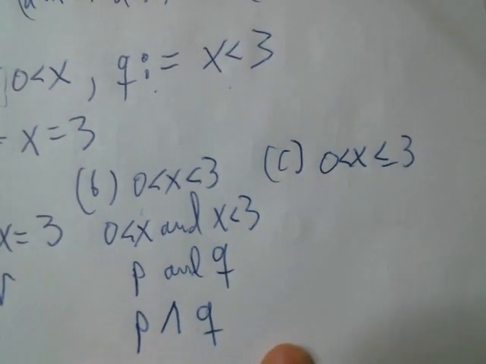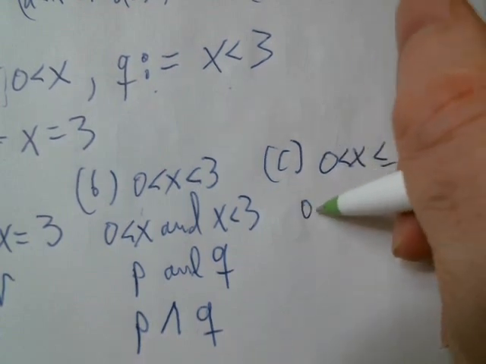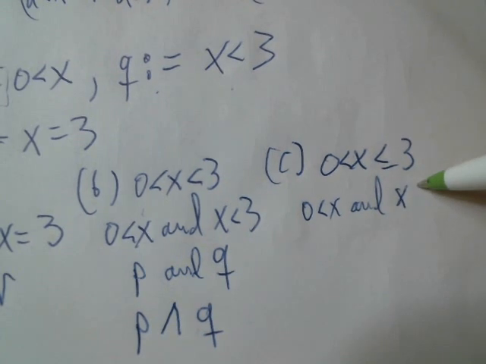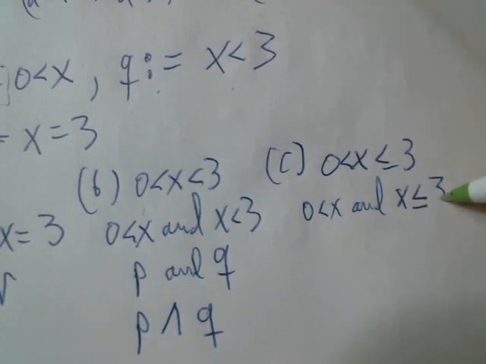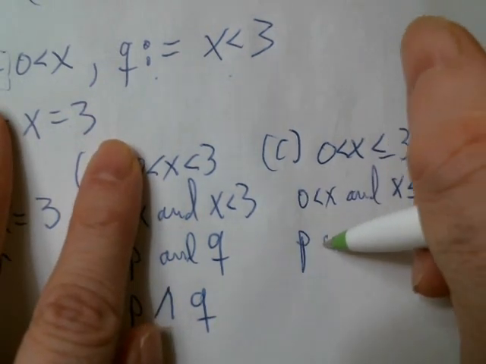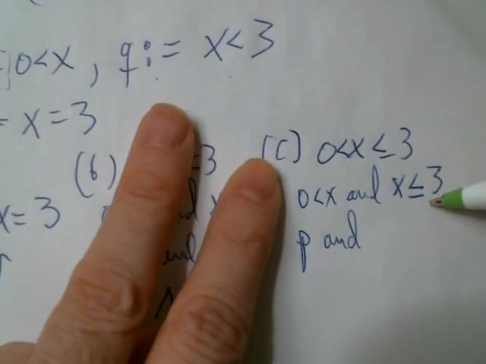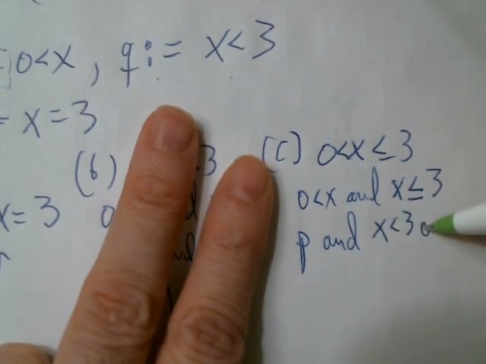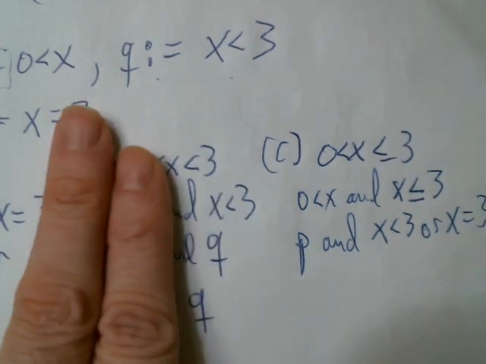So what do we have there? 0 is less than x, and x is less than or equal to 3. Okay. So 0 less than x is just p, and x less than or equal to 3 we can rewrite as x less than 3 or x equals 3.